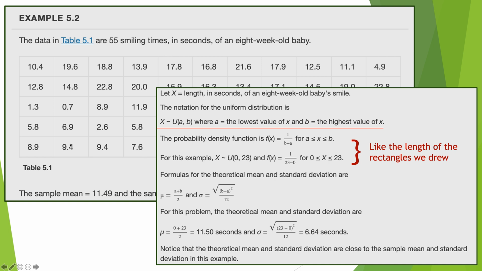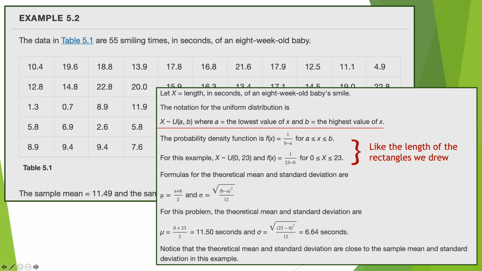And then the probability density function will always be 1 over whatever that worked out to. So let's say instead of 23 and 0 being the highest and lowest, it was 20 and 5. Then that would make this 1 over 15, because my rectangle would go from 5 to 20.